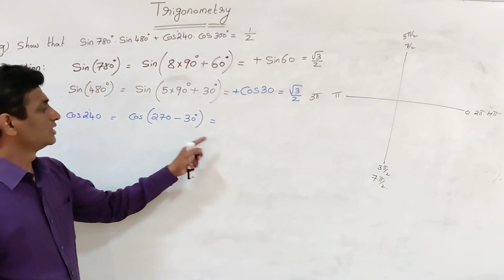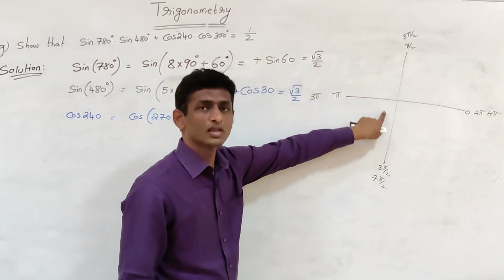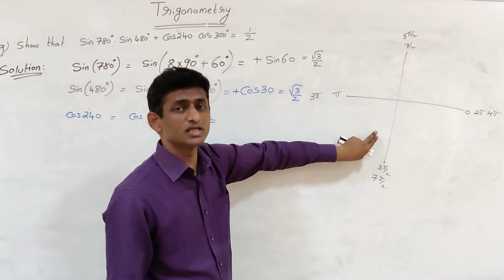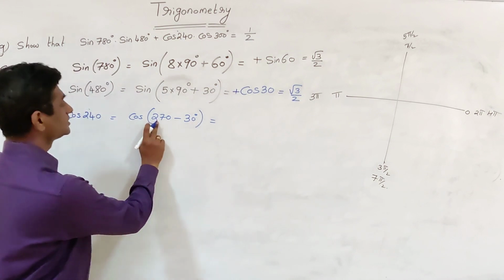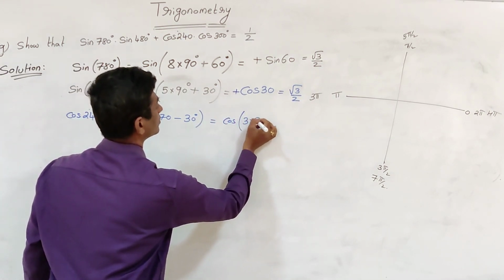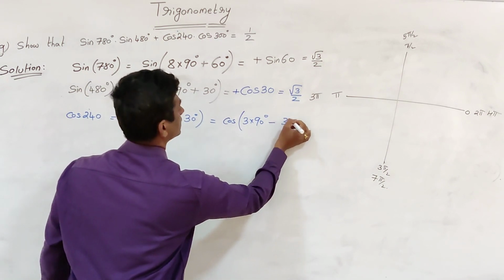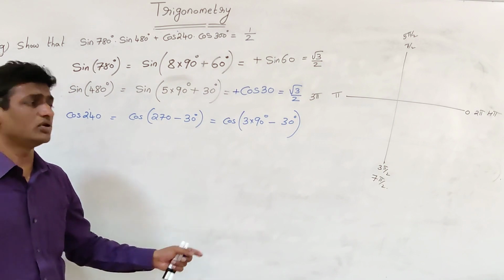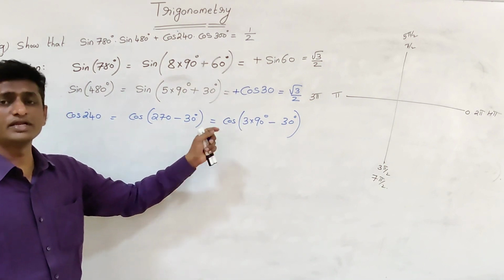270 means it lies on the negative axis, 3 pi by 2. Minus 30 degrees means it lies in the third quadrant. As 270 means cos of 3 into 90 degrees minus 30 degrees, but 3 times 90 means it is an odd multiple, so for odd multiples the trigonometric ratio will change.